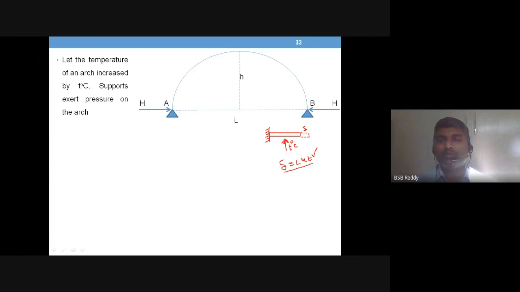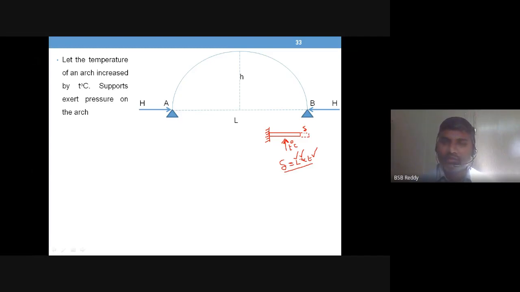Alpha is the thermal coefficient of expansion, and L is the length of the member. So this is how you measure this delta. I think you recall everything regarding these temperature stresses.